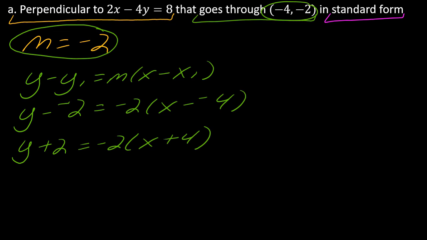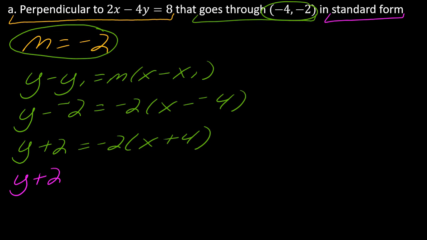Okay, so I've got all that information now in that format that I want, and now I have to get it in the desired form, which is standard form. So I have to now manipulate this till I get it into standard form. So first things first, I've got to distribute this negative 2. So why don't you pause the video here and see if you can get this into standard form, and then hit play when you're ready.